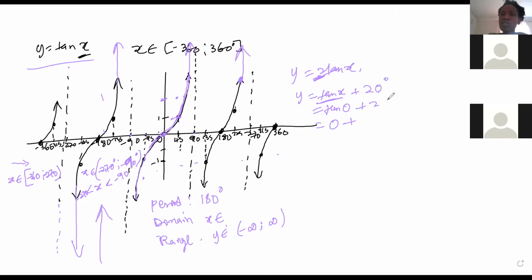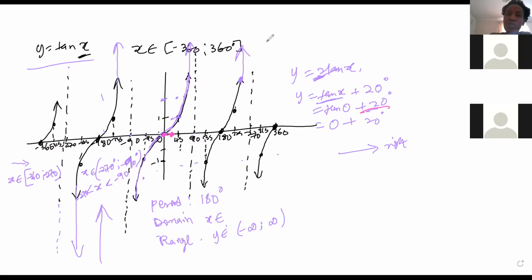Maybe let's say plus 20 degrees, okay? So it will be 0 plus 20 degrees. That means your graph is shifting to the right. So instead of being at 0, it's gonna start somewhere here. That's what this thing does, okay?